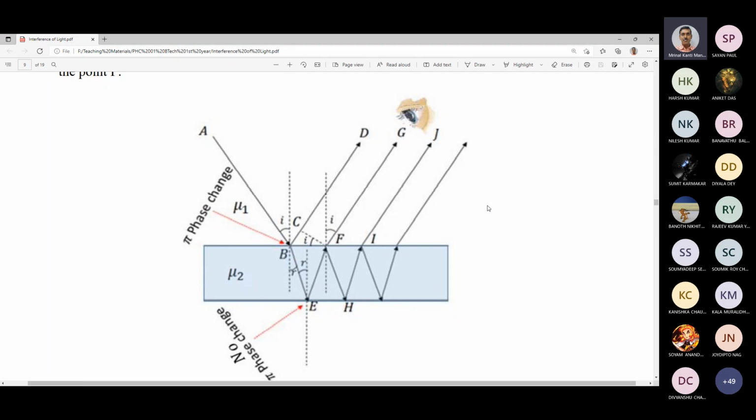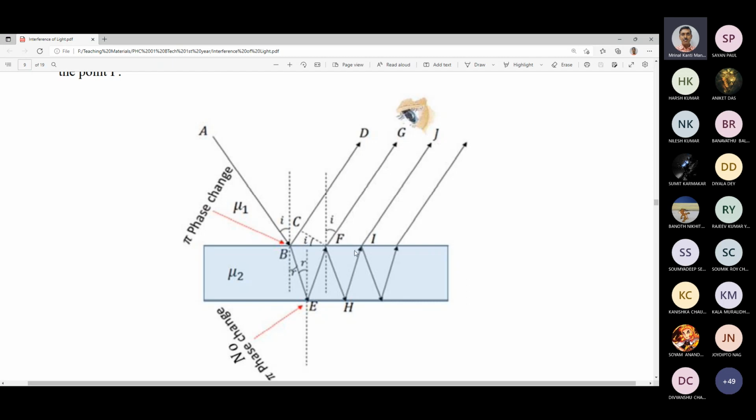Now consider two successive reflected beams. For example, if we consider CD and FG, these first two consecutive reflected beams have almost equal amplitude.